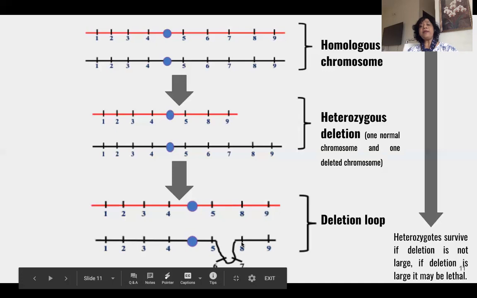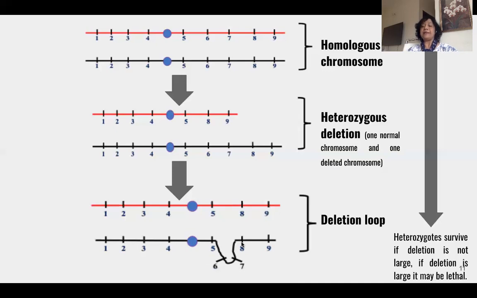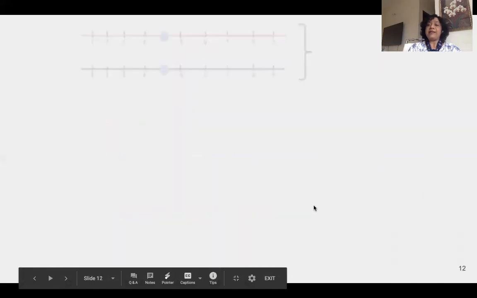So whenever synapsis is observed in heterozygous deletion, you will find the presence of a deletion loop in the normal chromosome. I'll repeat it: you will find the deletion loop in the normal chromosome of the pair. This is the example of heterozygous deletion.